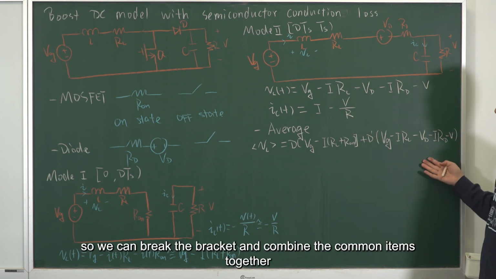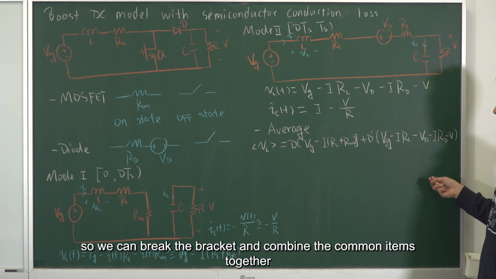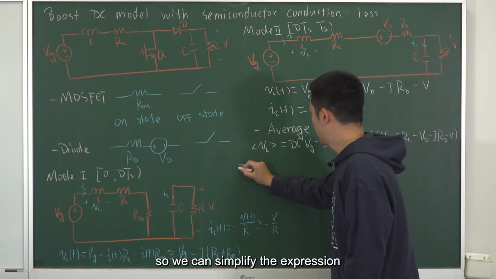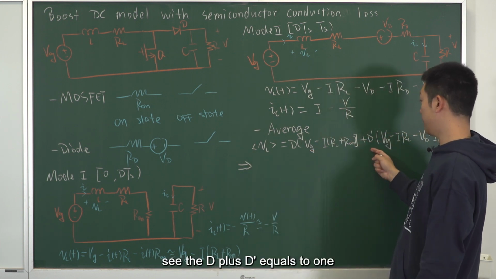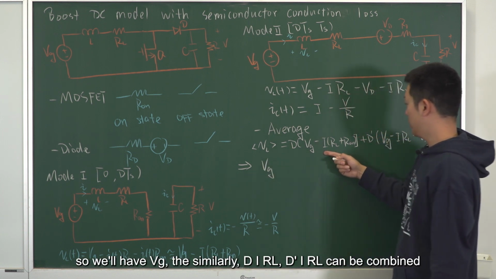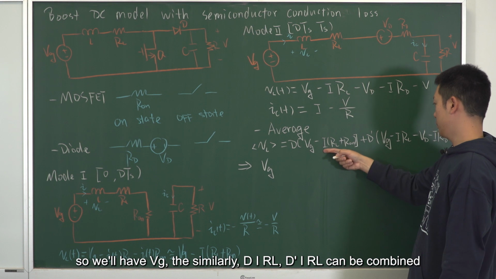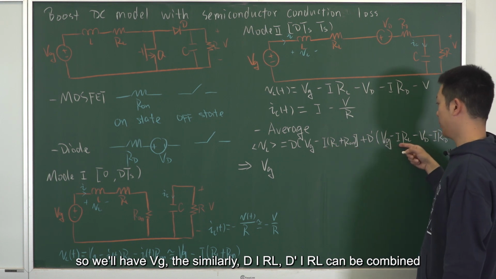We can break the brackets and combine the common items together, so we can simplify the expression. See that D plus D prime equals 1, so we have VG. Similarly, D times I RL and D prime times I RL can be combined.